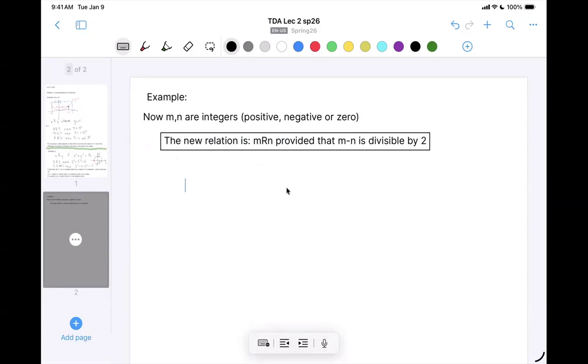Maybe some of you have seen this example, but it's a useful example for what I want to do in a moment when I do something slightly more interesting.